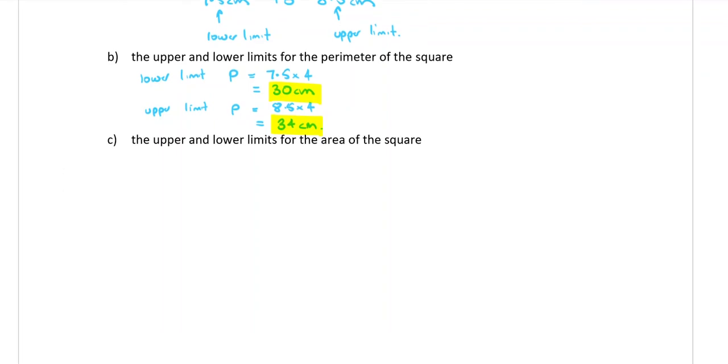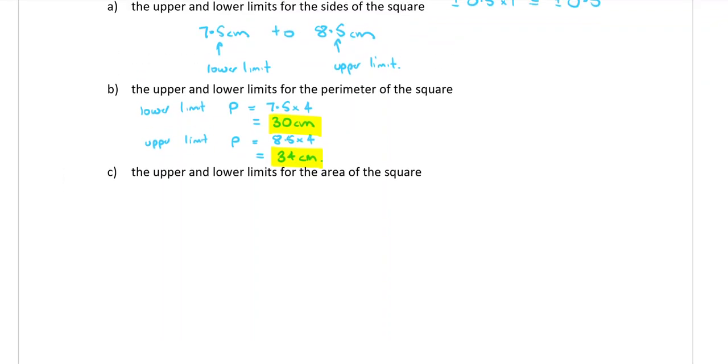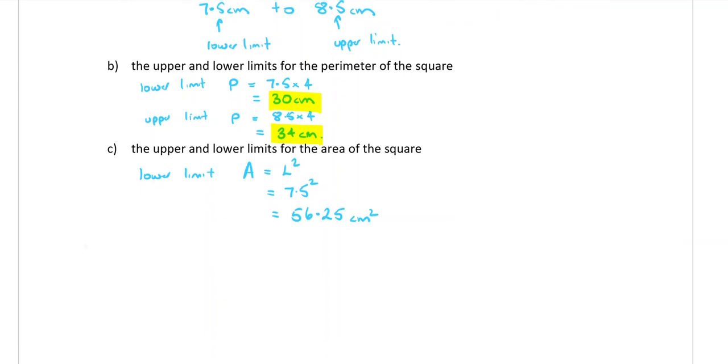Now let's look at area. We want to find the upper and lower limit of the area. So again, if we want the lower limit, we want to find the area, which is L squared, using the lower measurement, which is 7.5. 7.5 squared is 56.25 centimetres squared.